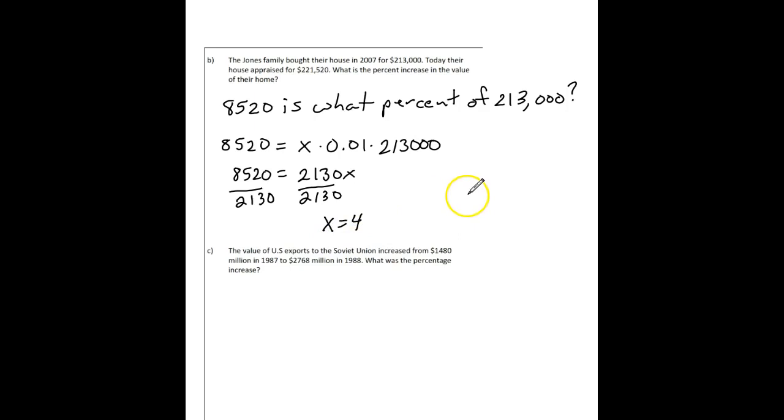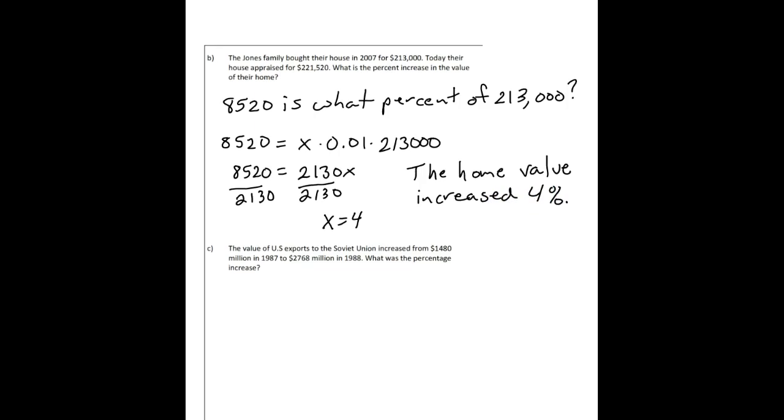Well, what does that mean? You have to answer the question that it asks you. What is the percent increase in the value of the home? So we could say the home value increased 4%. Make sure that you're answering the question being asked.